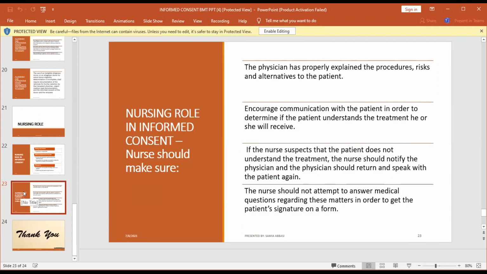If the nurse suspects that the patient doesn't understand the information or the treatment, the nurse should notify the physician, and the physician should return and speak with the patient again. The nurse shouldn't attempt to answer medical questions regarding these matters in order to get the patient's signature on a form.